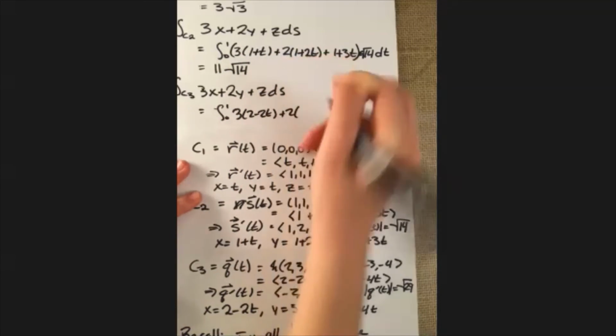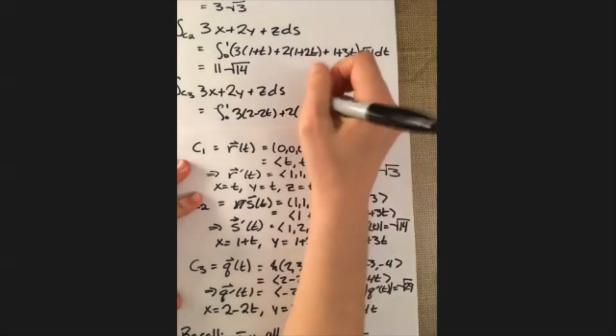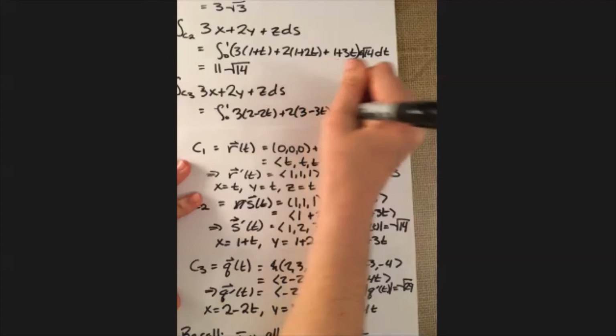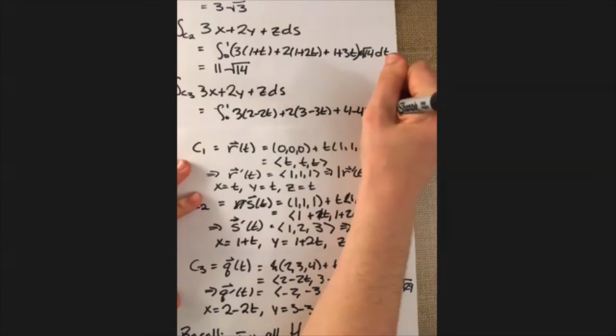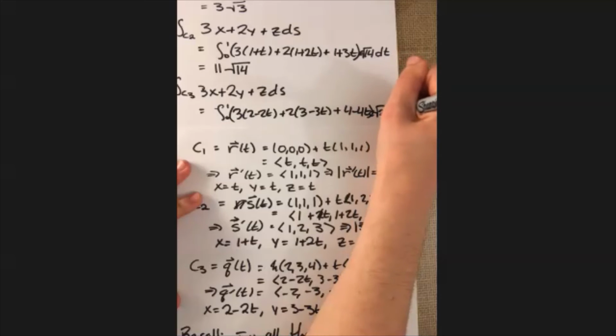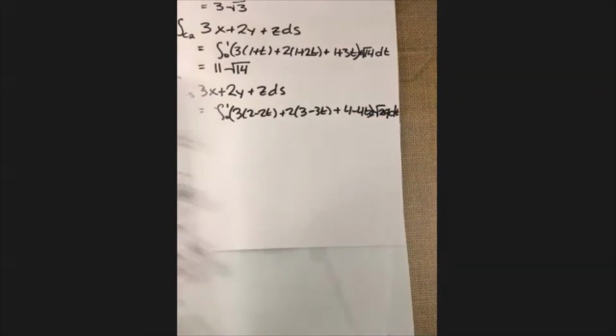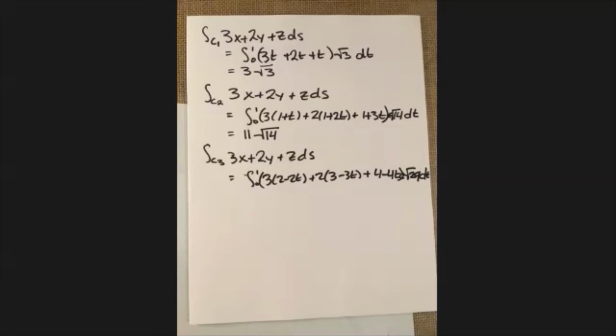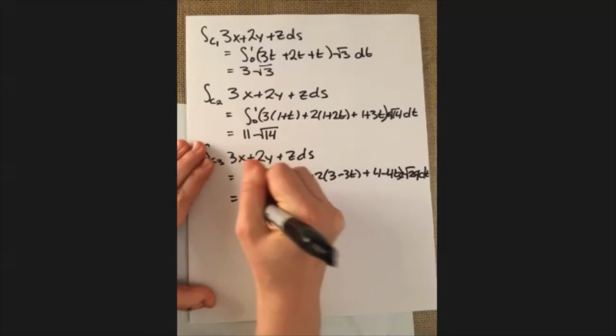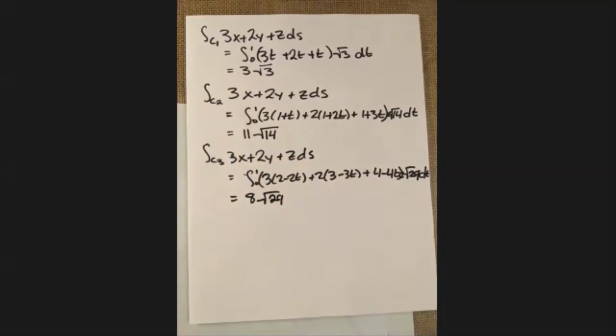And then y is equal to 3 minus 3t. And then z was equal to 4 minus 4t. This is times √29. And then we still have the dt. There we go. Okay, so integrating that with respect to t, you're going to get 8√29.